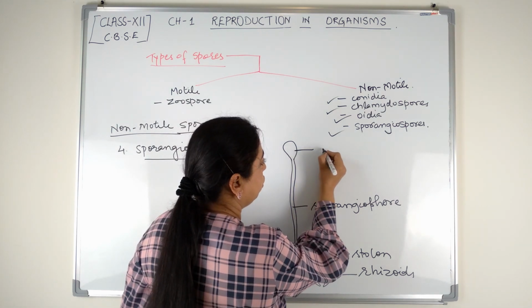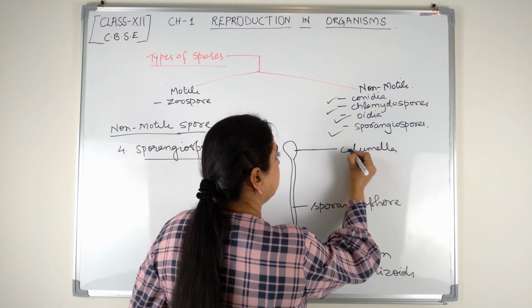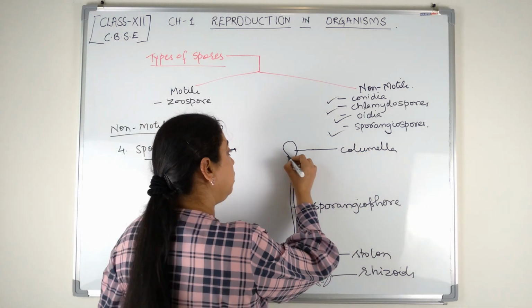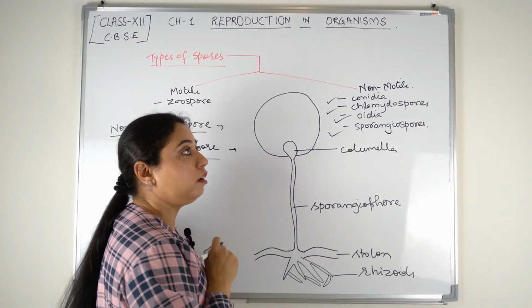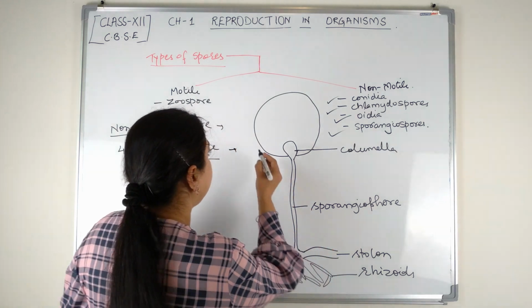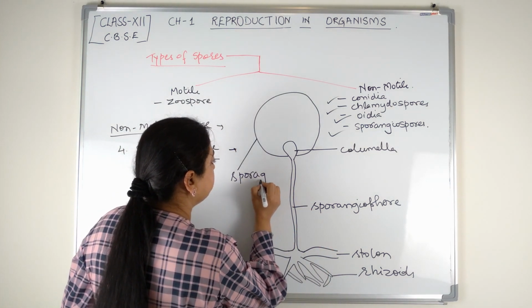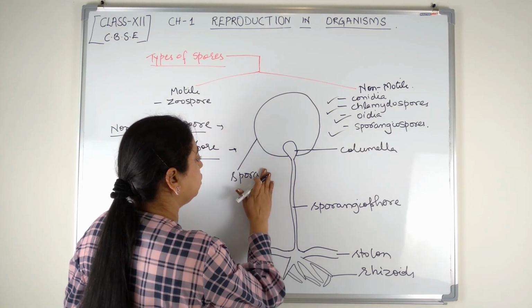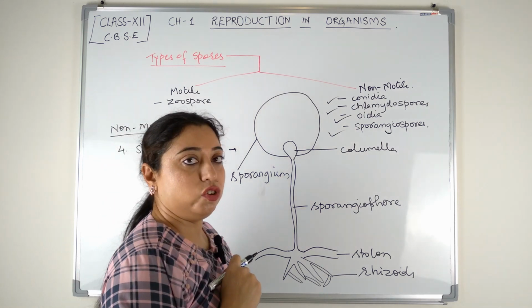This structure is known as columella, right? And this columella is further covered by another round structure. This structure is known as sporangium. It is known as sporangium.